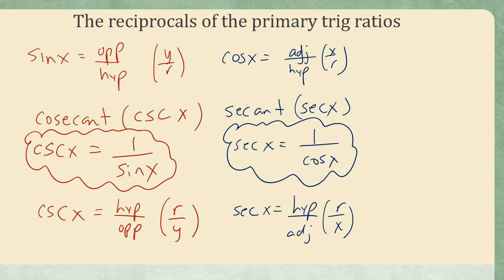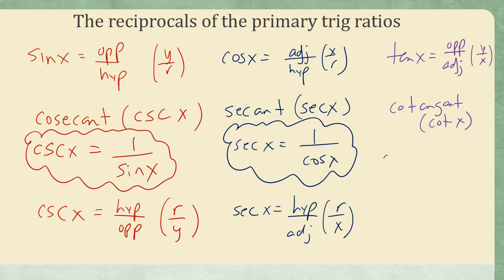And our last primary trig ratio, tan x, opposite over adjacent, or y over x. The reciprocal of tan x is cotangent x, and its short form is cot x, and cotangent x equals 1 over tan x.